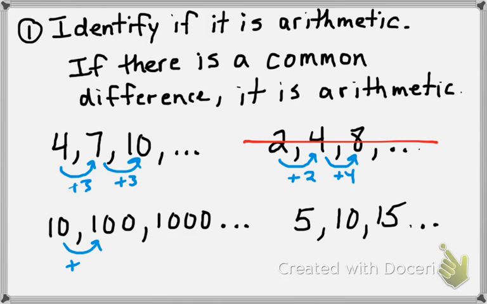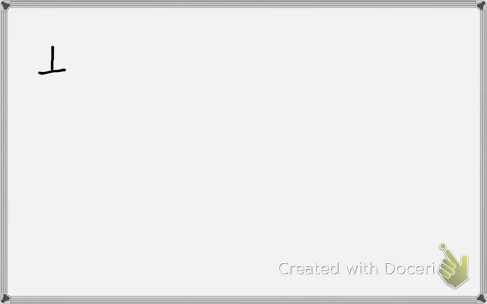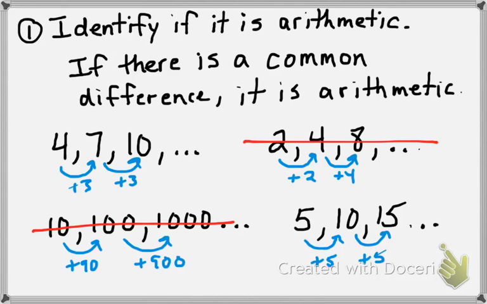Looking at the third one, I can see it increases by 90, and then the next time it increases by 900. So that's definitely not arithmetic. And looking at the last one, it increases by 5, then it increases by 5 again. So the last one is arithmetic.